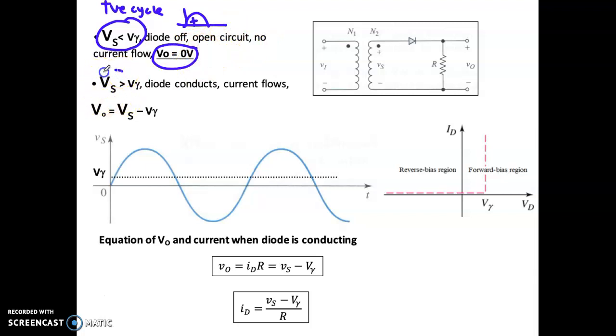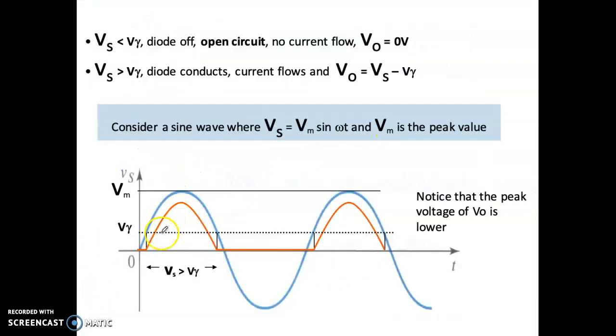So the second condition, when your Vs is more than V gamma, the diode will be on, right? And you can get this equation from the KVL previously. Okay, and this equation comes from the KVL equation. The orange color of the graph here is what we call V out, as explained before.